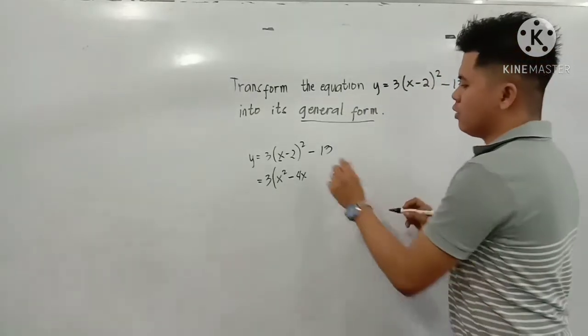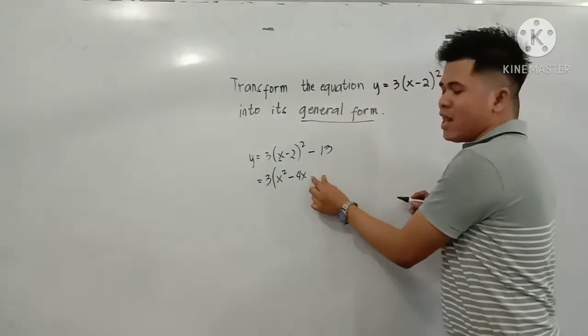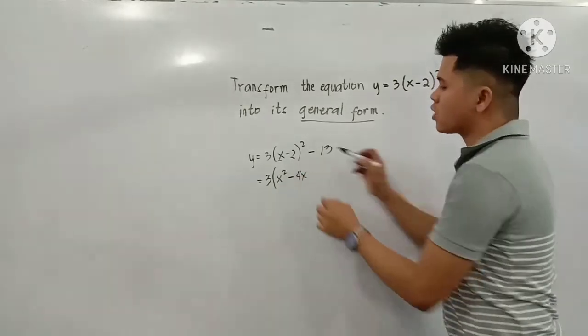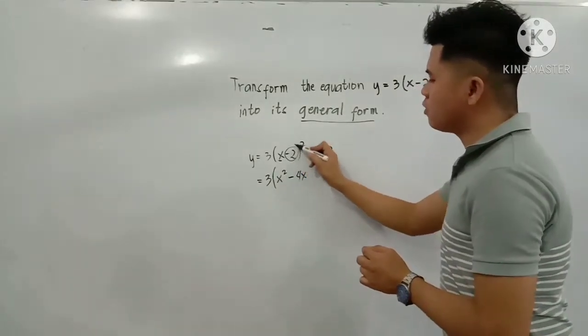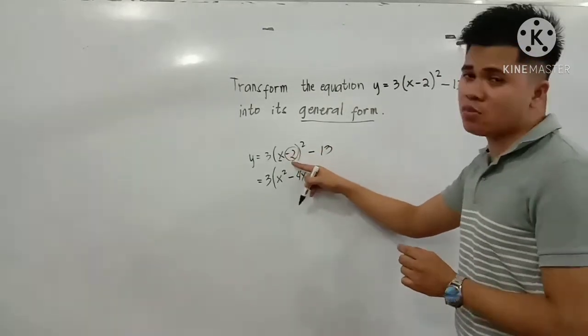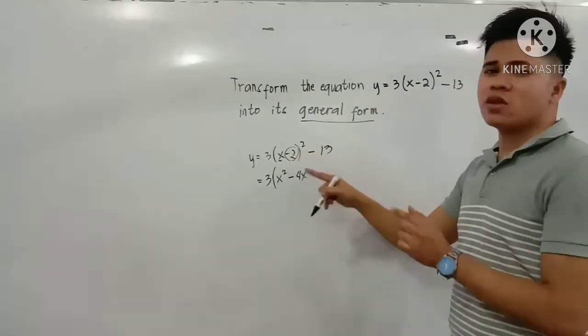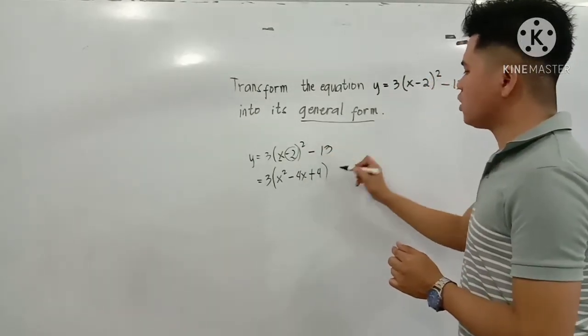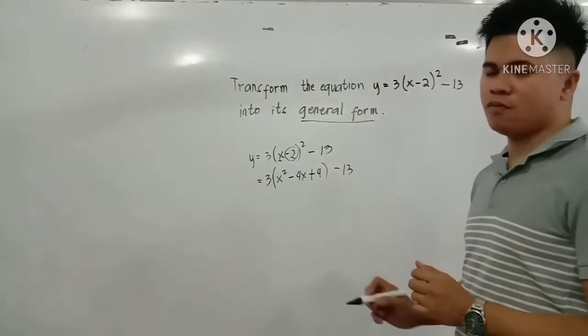Then, for our last term of the perfect square trinomial, simply square the constant of the binomial. So, square of negative 2, meaning negative 2 times negative 2 is positive 4. Then, just copy negative 13.